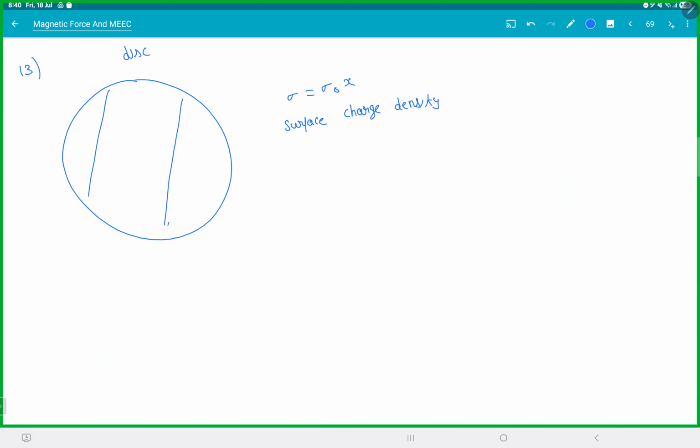Meaning the charge at the center is 0. If you go outside a little more, and more, as you go out, the charge is becoming more and more. The radius of the disk is r, and this whole setup is rotating with omega. Find mu of the disk.